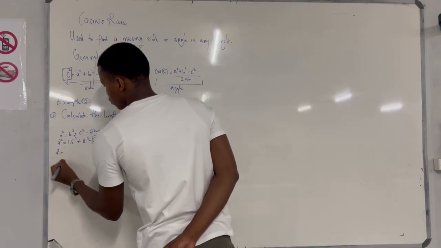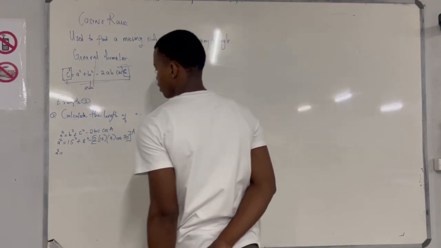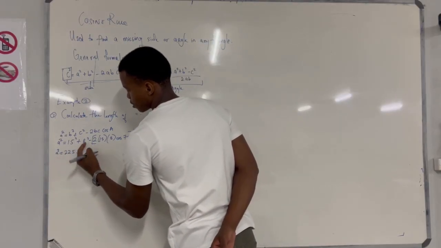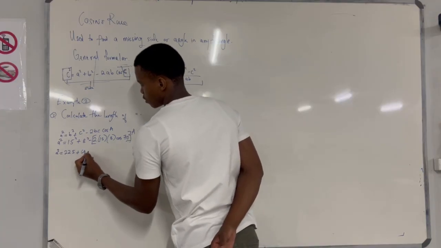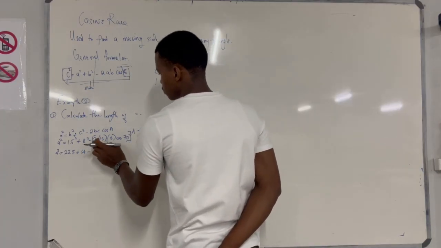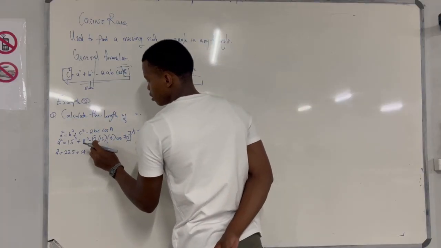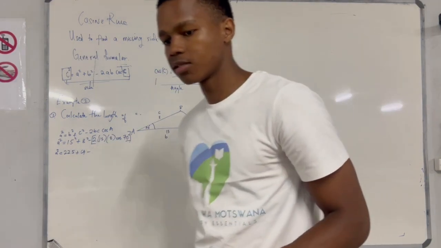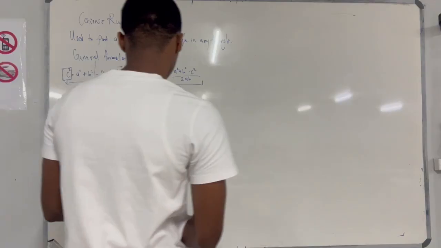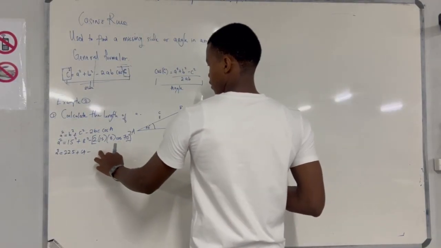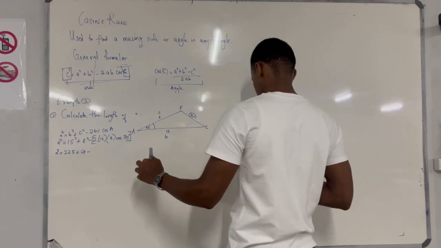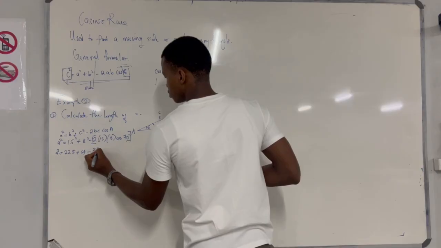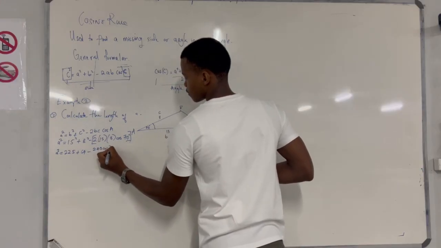So we have a squared equals 15 squared, which is 225, plus 8 squared, which is 64, minus 2 times 15, which is 30. 30 times 8 is 240 cos 70.